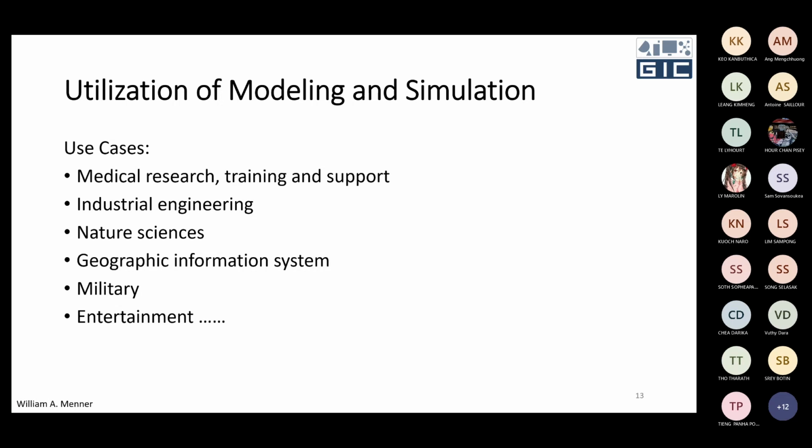For example, when the military tries to test new weapons, like a missile or atomic weapon, the explosion can destroy a whole country. Can you make it happen in the real world? It can be done, but it is very dangerous and would affect too many people. So in order to test your weapon, you can only make a simulation. You cannot do it in the real world. So in the military, there is much more benefit if you are able to use modeling and simulation.